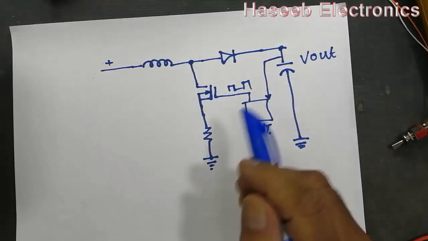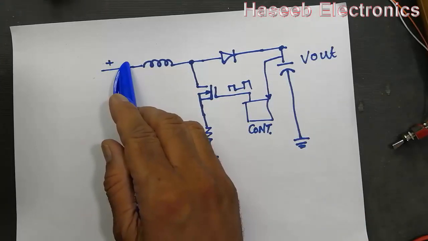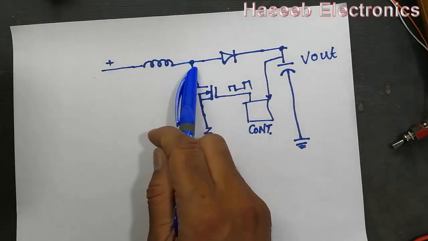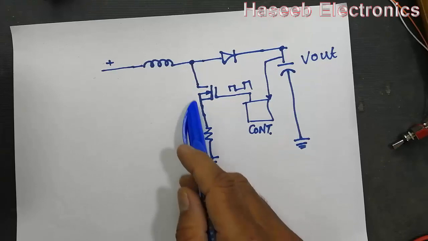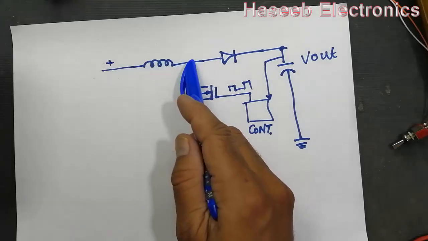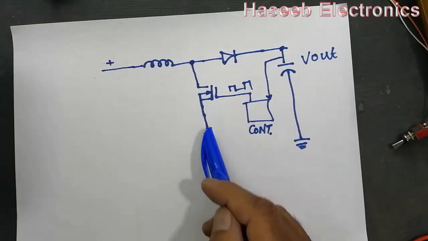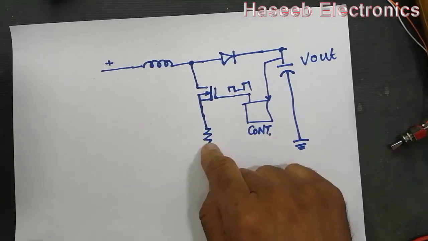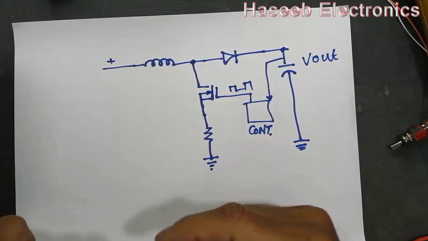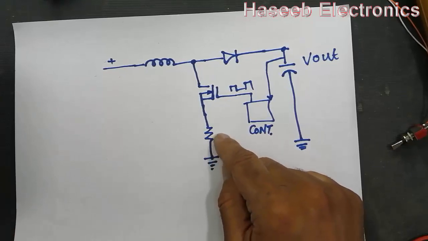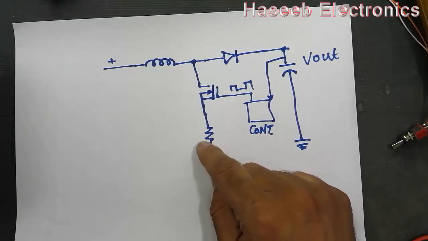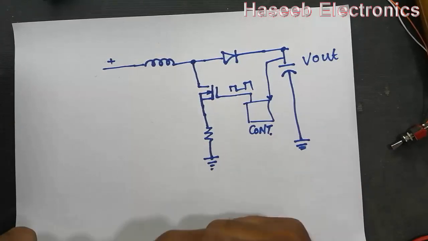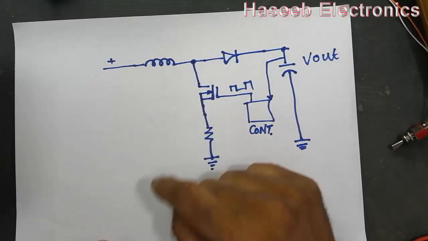When it starts switching, the voltage coming to this point will take a surge, and it will cause a heavy current flow in this path, because here is a shunt resistor. This is the I-sense, current sense resistor. It is very low ohm, and this one is very low ohm.